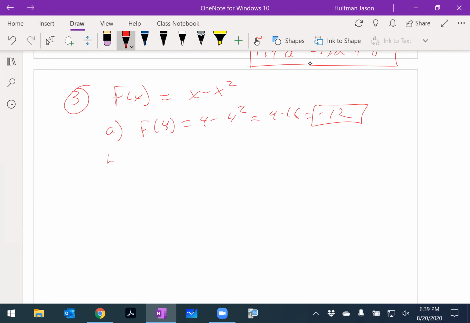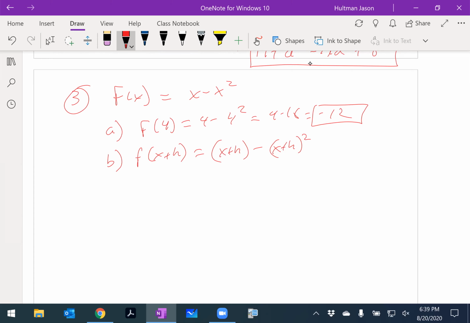What about B here? Let's do f of x plus h. Is it negative 12? Yeah, it's negative 12, thank you. f of x plus h is x plus h minus x plus h squared, right?